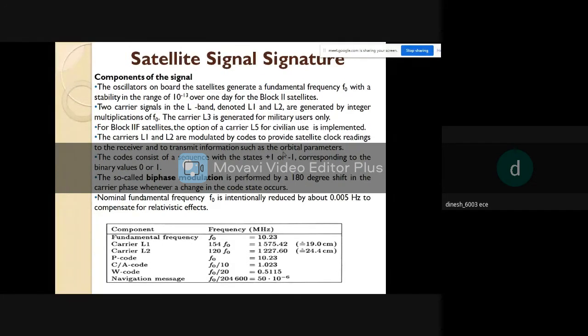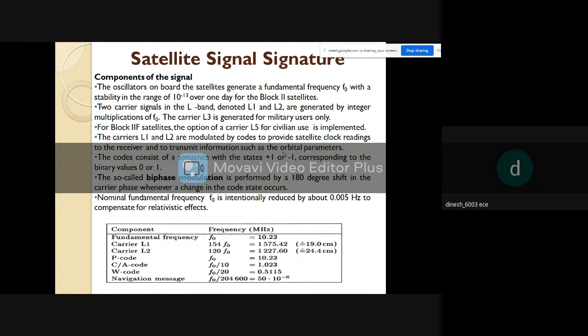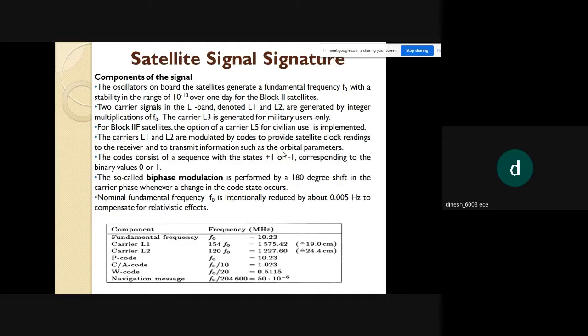This type of modulation which was used is called biphase modulation, that was performed by a 180-degree shift in the carrier. The 180-degree phase shift in the carrier with +1 or -1 indicated binary values of zeros or ones in biphase modulation.